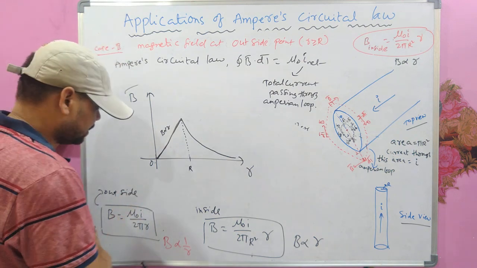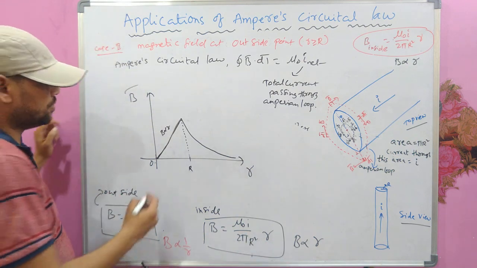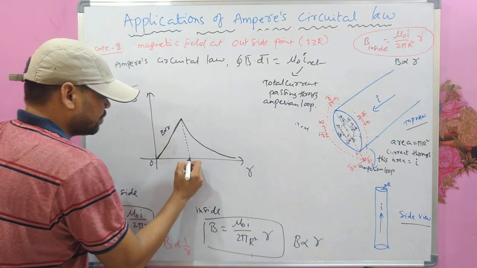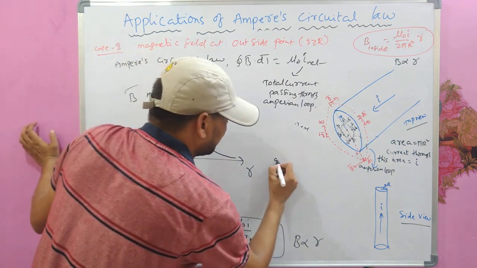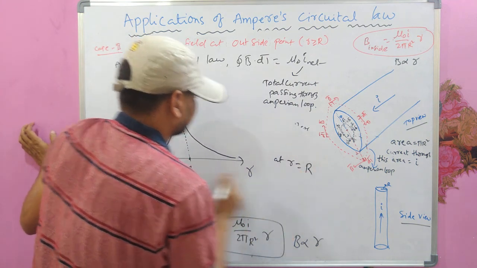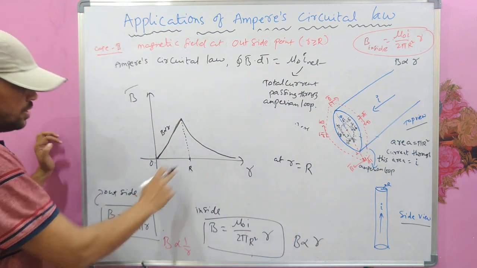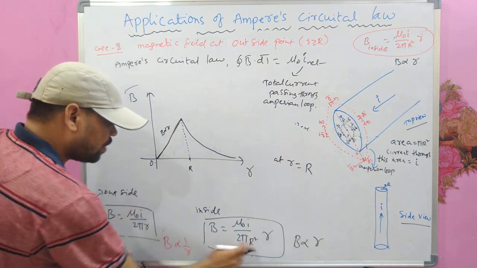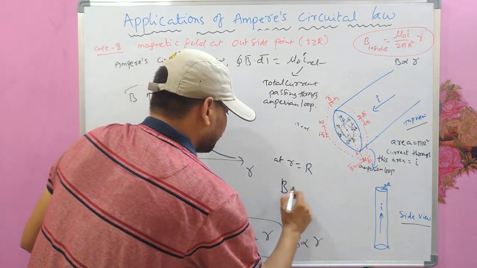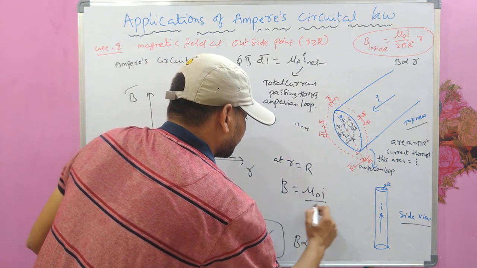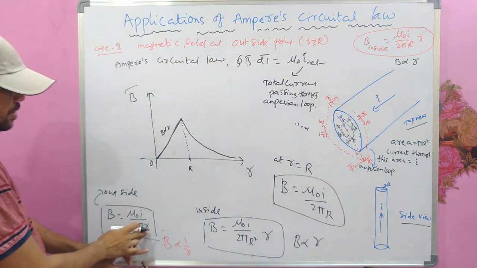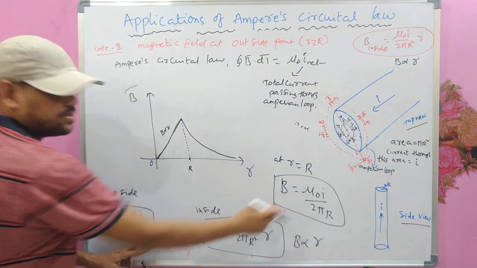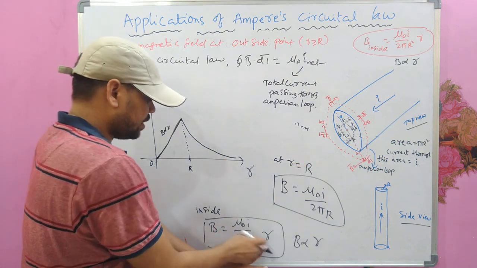Now if you carefully observe these two equations, at this point, what is this point? At r equal to R. If you apply this in both formulas, you will get this. Even if you substitute r equal to R here, you will get this. If you substitute r equal to R here, you will get this.